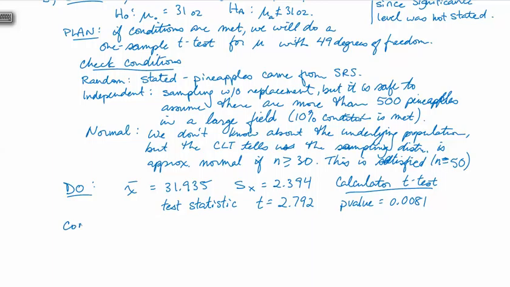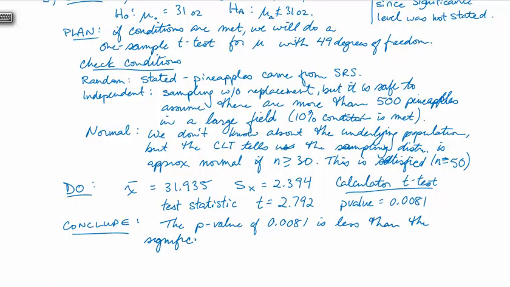So to conclude, the p-value of 0.0081 is less than the significance level of 0.05.